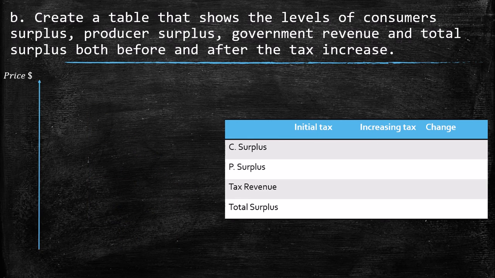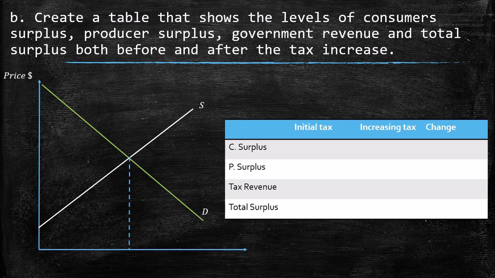B question. Create a table that shows the level of consumer surplus, producer surplus, government revenue, and total surplus both before and after the tax increase. So here we have our initial case.